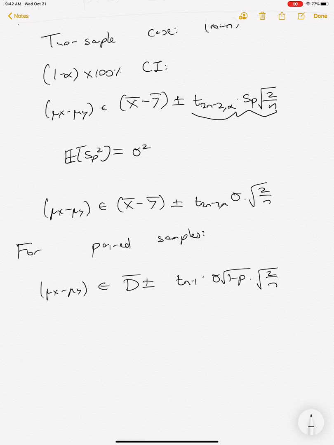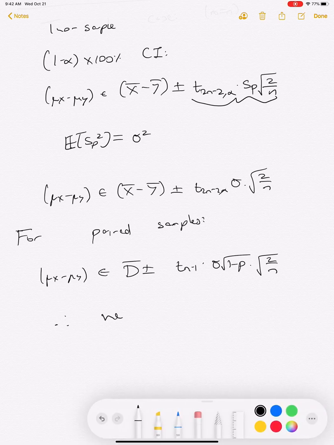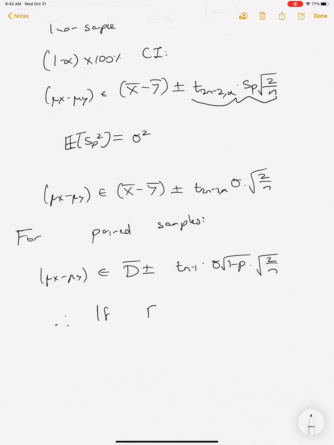So this is kind of approximately the payoff that you get. Therefore, if we have positive correlation, as we would with the case of mothers and daughters, we get tighter confidence intervals.